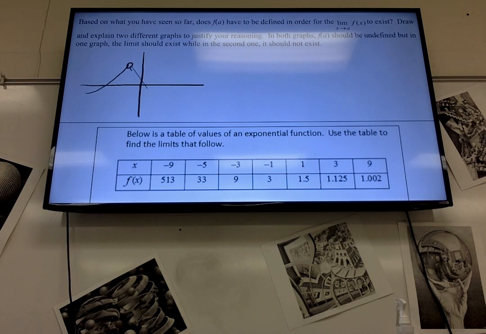There's A. There's B. F of A is undefined. But the limit as x approaches A is what? B. I'll call that f of x.